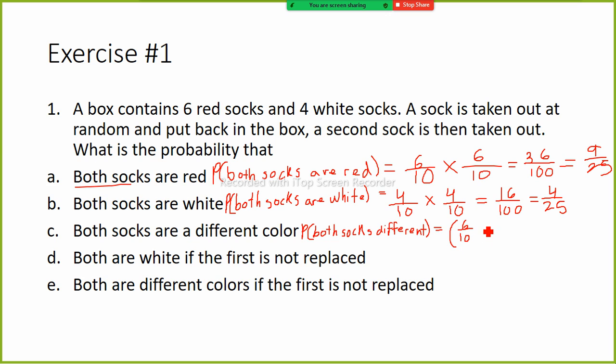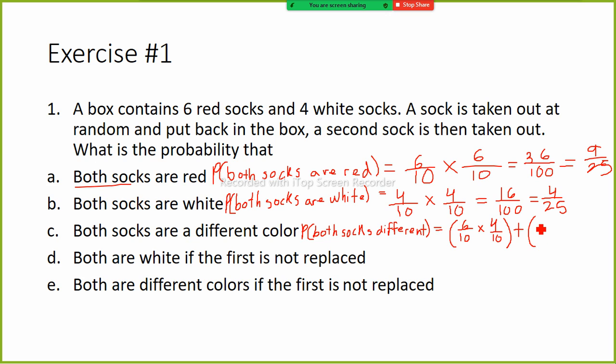And then 4/10 is going to be that we get a blue, right? Not a blue, a white. Okay, that's good, but it's not complete. There's another way that could happen. What if we get a white first, then a red? It'll just be the opposite.